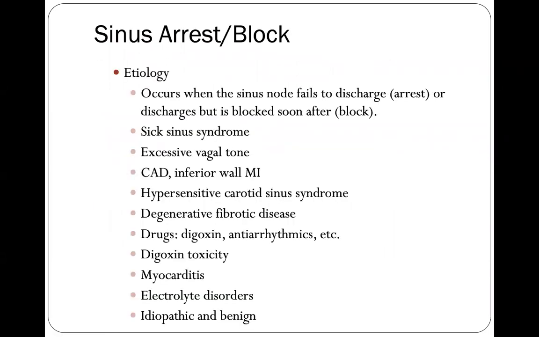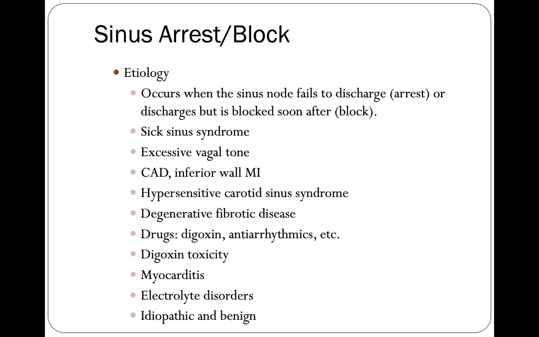The etiology of either the pause, arrest, or block: often this occurs because the sinus node is either failing to just discharge, that's the arrest or the pause, or the discharge is blocked soon after, and that's where it's called a block. You might have a sick sinus syndrome, so the sinus node is actually damaged somehow. If someone has excessive vagal tone at a given time, it can stop the SA node from firing properly. Coronary artery disease or inferior wall MIs tend to cause it.